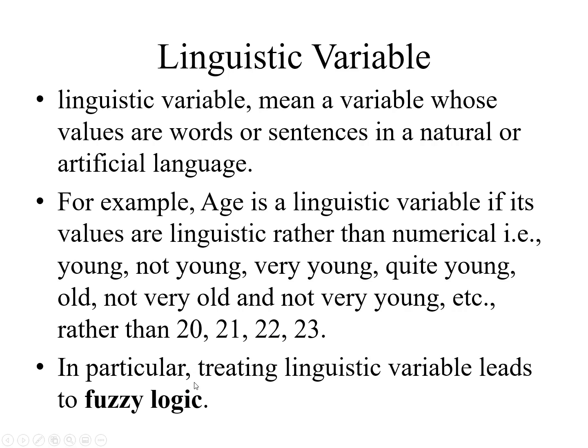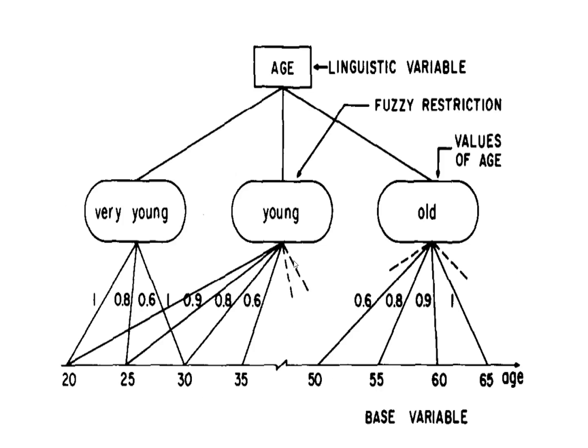Okay. So in particular, treating linguistic variables leads to fuzzy logic. Now if we solve this dilemma of which age will be considered young, the definition of young may be those who are 20 years old, maybe those between 20 and 25, or between 20 and 30, let's suppose. Now we can easily use fuzzy logic.